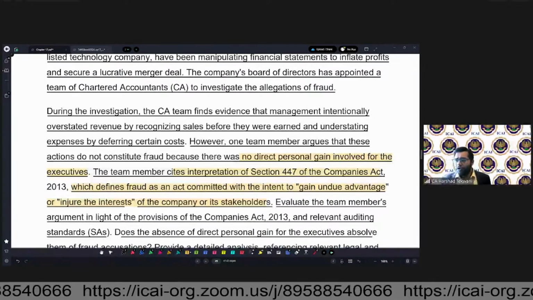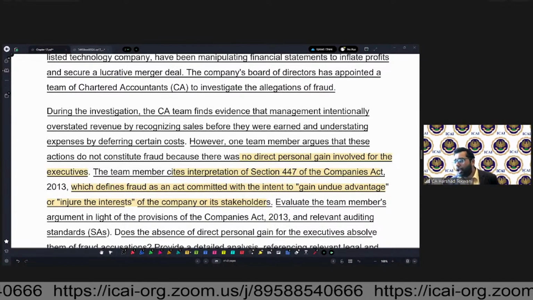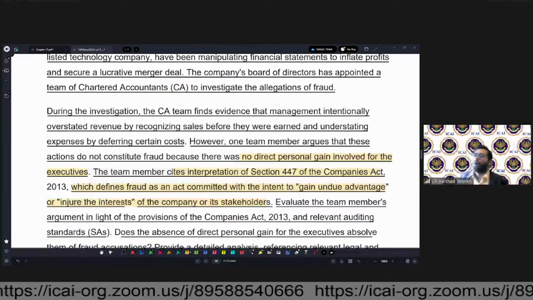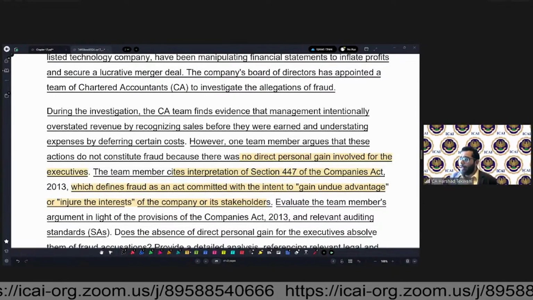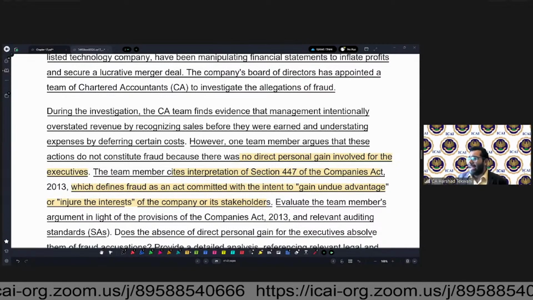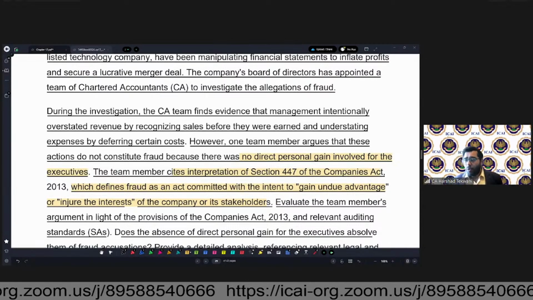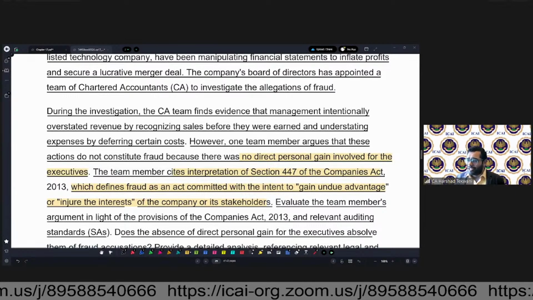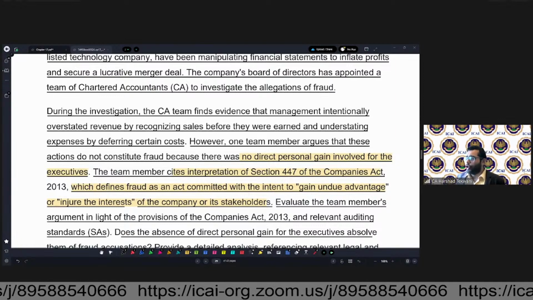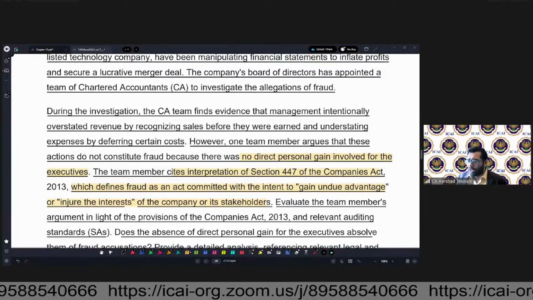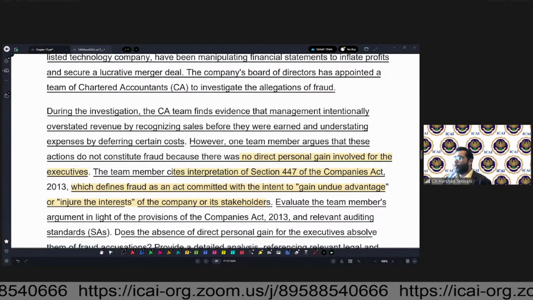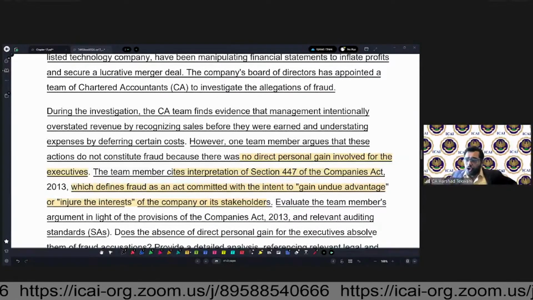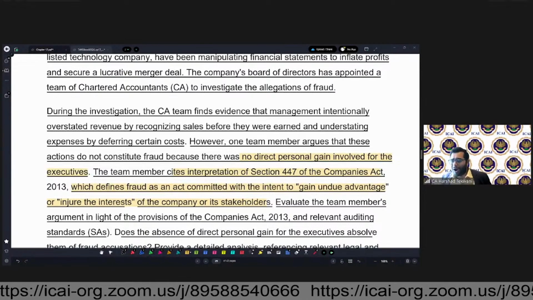What it says: fraud in relation to the affairs of the company or any body corporate includes any act, concealment, or omission of fact committed by any person or any other person with the connivance in any manner, with intent to deceive, to gain undue advantage, or to injure the interest of the company, its shareholders, creditors, or any other person, whether or not there is any wrongful gain or loss. So wrongful gain or loss is not even required to be considered.